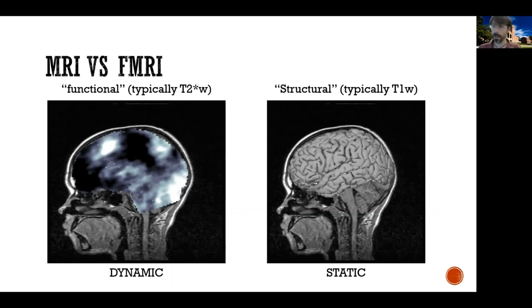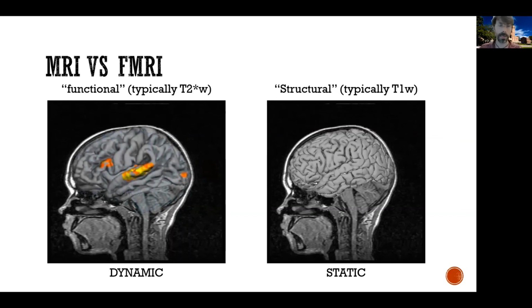The end result of a typical fMRI experiment looks something like this. In gray, you can see the detailed anatomy of somebody's brain. And then what you see in these colors is the result of a statistical analysis that tells us that this part of the brain became systematically more active every time the person was engaging in some mental activity.